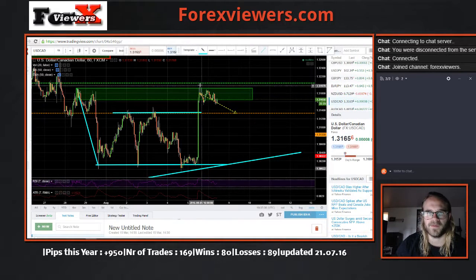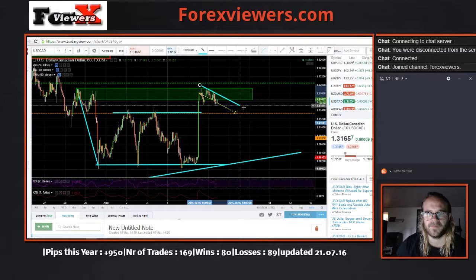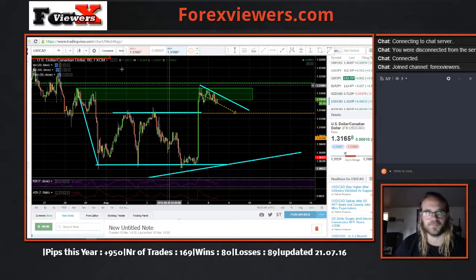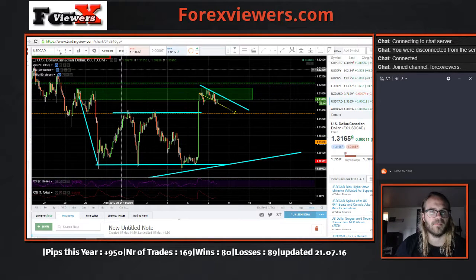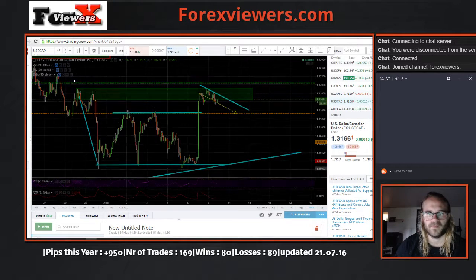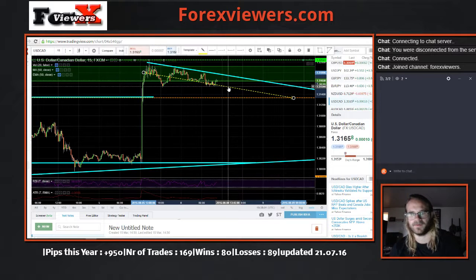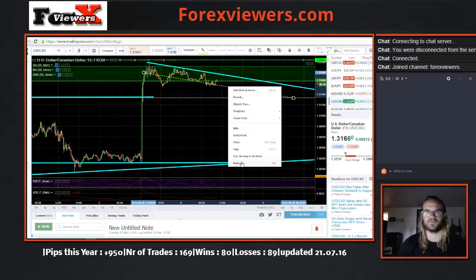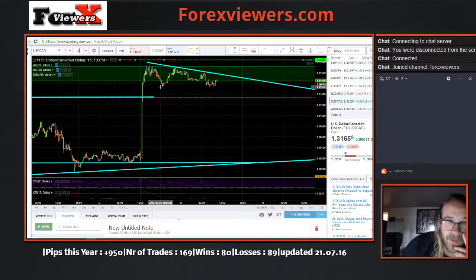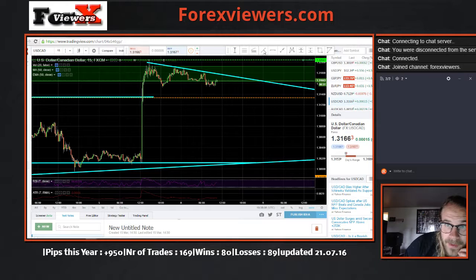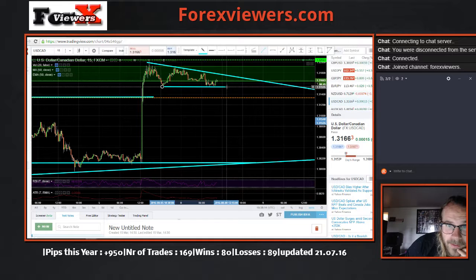On the lower time frames, we are forming this trend line here. See, we've started to. I mean, we're not breaking this. We're not breaking this just yet. We're still holding this area here.